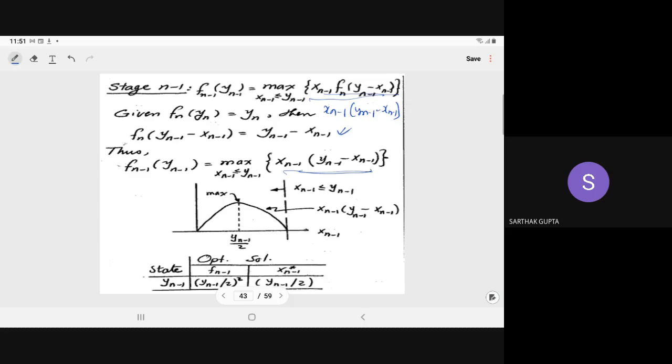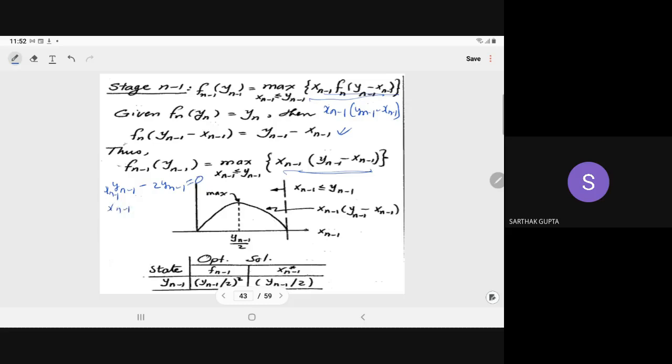If you take the derivative with respect to xn minus 1, because we want to maximize the value of xn, it will become yn minus 1 minus 2 into xn minus 1, and you know from calculus it is equal to 0.